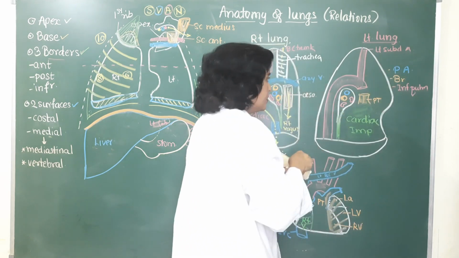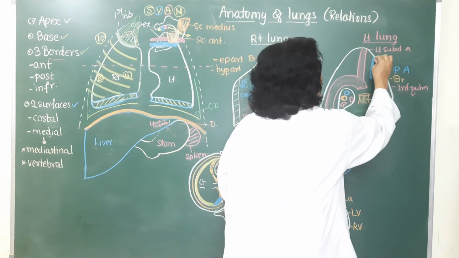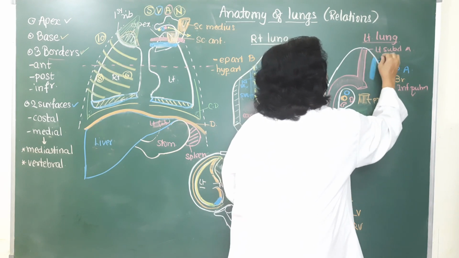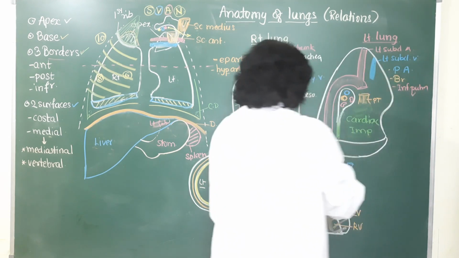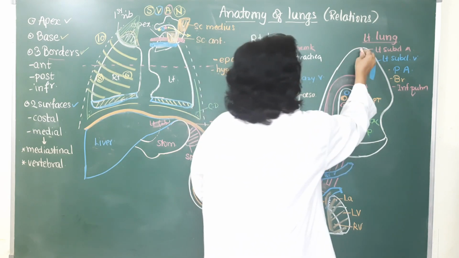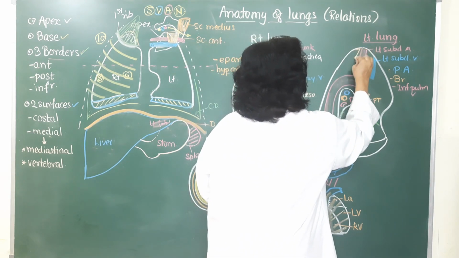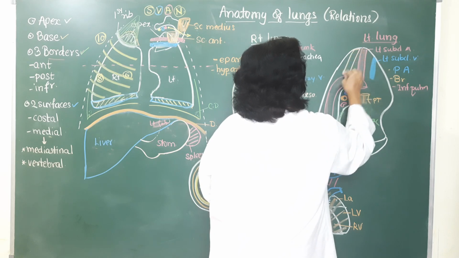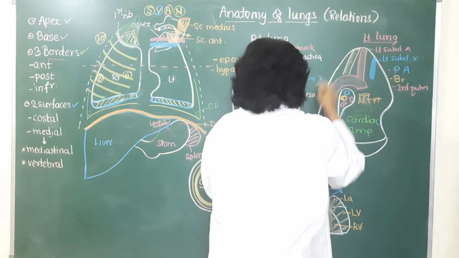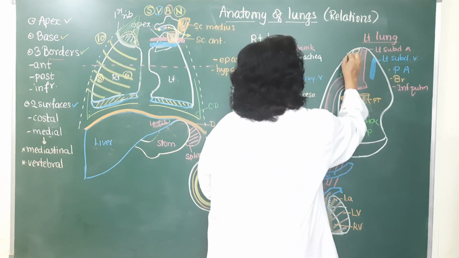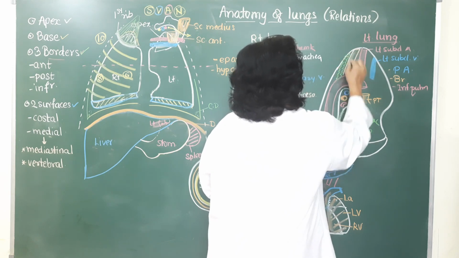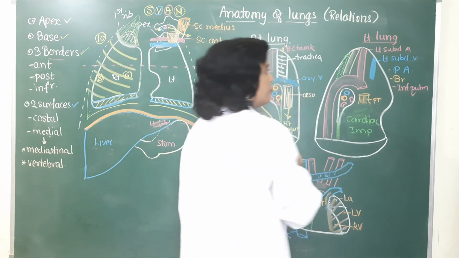Just in front of the groove for the left subclavian artery, you get one more vertical groove which lodges the left subclavian vein, and behind that you get a vertical groove which lodges the esophagus along with the thoracic duct. So these are the relations above the groove for the arch of aorta.